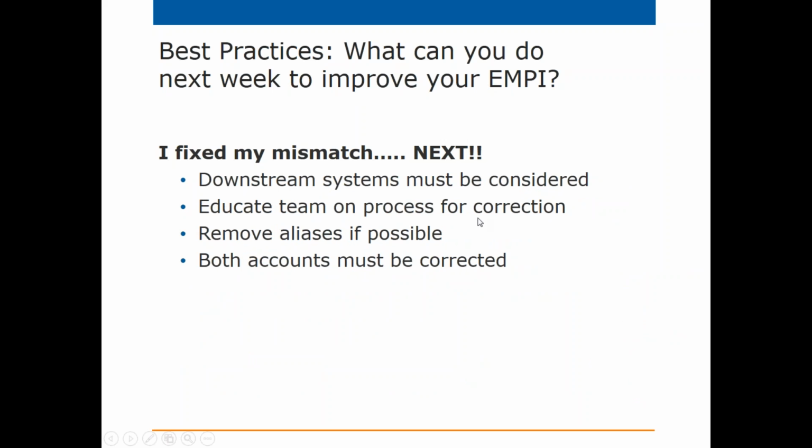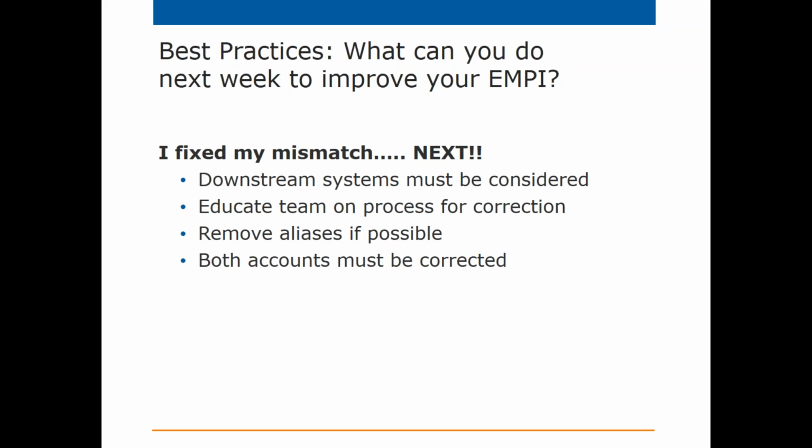And then again, downstream systems, consider that, you know, maybe there's a PAC system that uses a specific number, and even though you've updated the patient information, that number may or may not still be in that transaction. So you want to make sure it matches somehow.